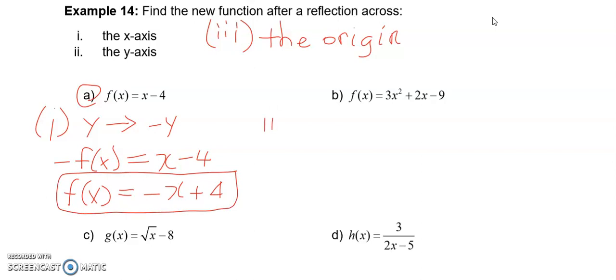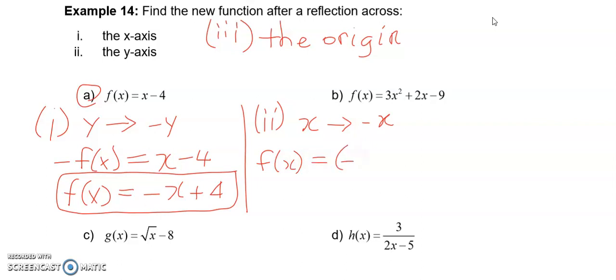All right, part 2. What if you wanted to reflect it through the y-axis? That means that your x turns into negative x. So in your function, you can put negative x here.